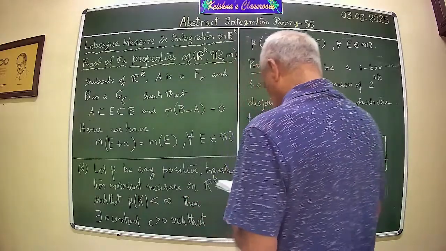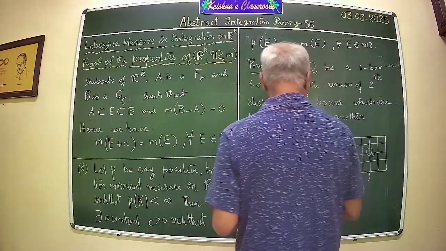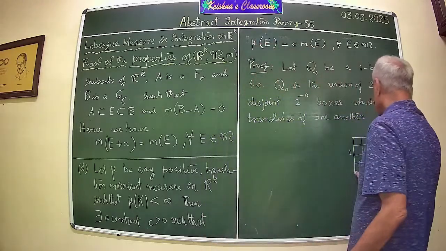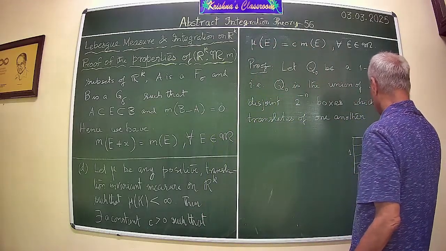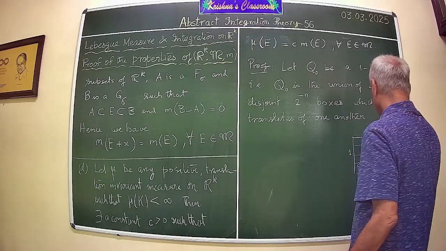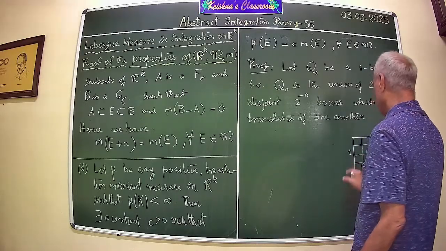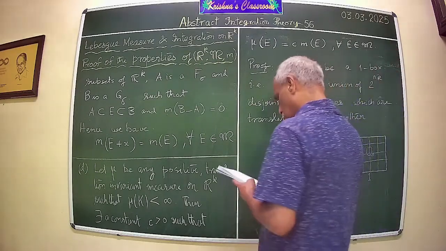Now what do you get? Then what you observe is that the important point is that each box is a translate of any other. If you take this, translate it. You take this, translate it here. Take translate here. So any one of them is a translate of the other. So all of them have equal volume. Okay.